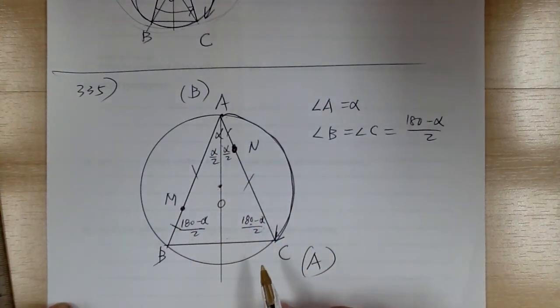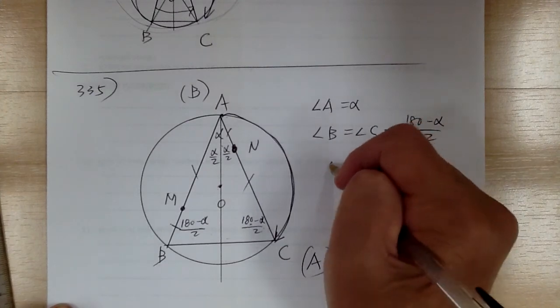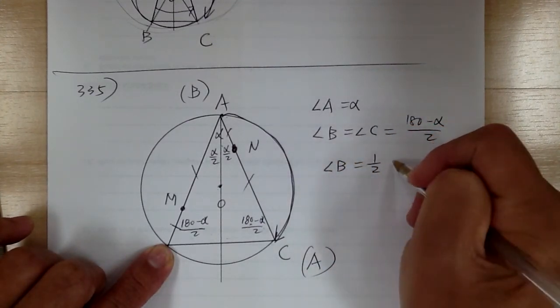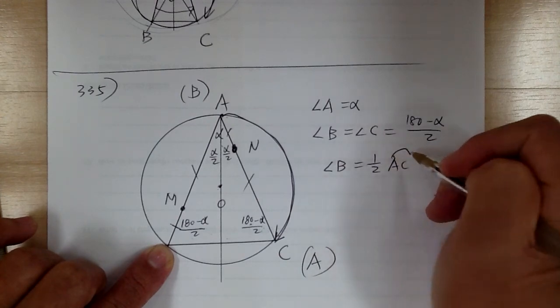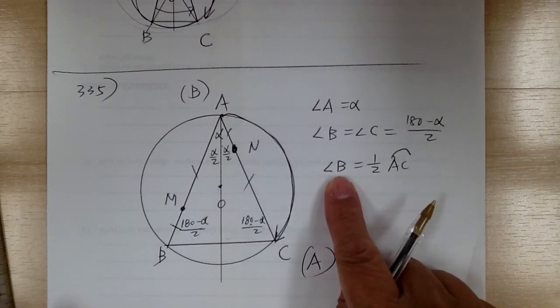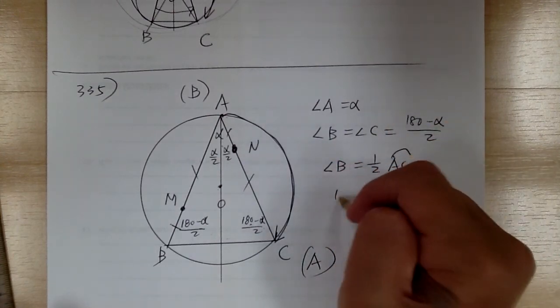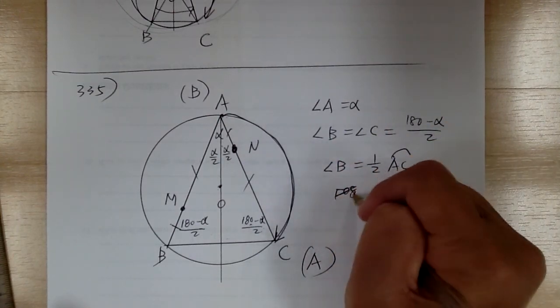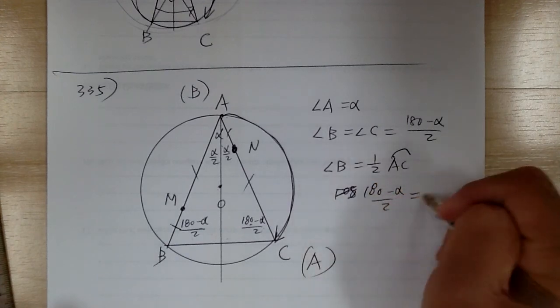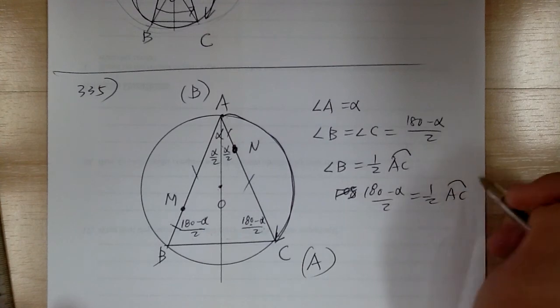Now remember, angle B is an inscribed angle, so it is equal to 1/2 of arc AC. But we know what B is from here, so you got (180 minus alpha) over 2 equal to 1/2 arc AC.